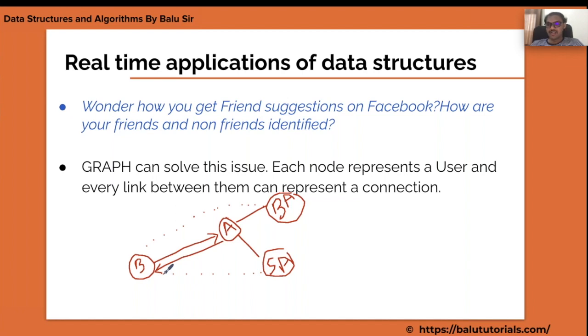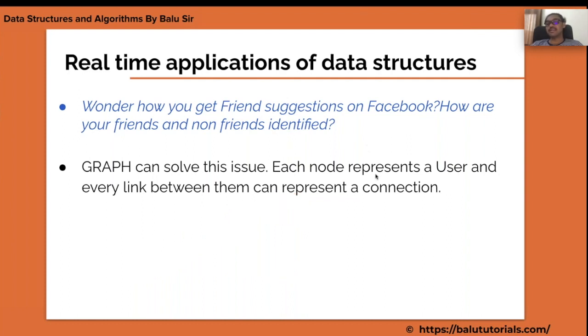So in the Facebook connection list, graph structures are there, and those graph structure algorithms are used basically to identify who is a non-friend of a friend, or who is the suggestion from that particular friends list. These are all real-time applications.